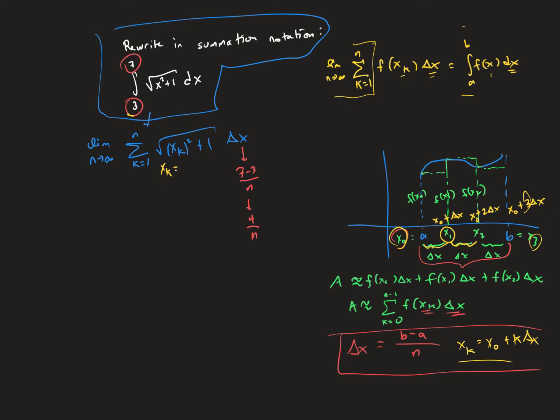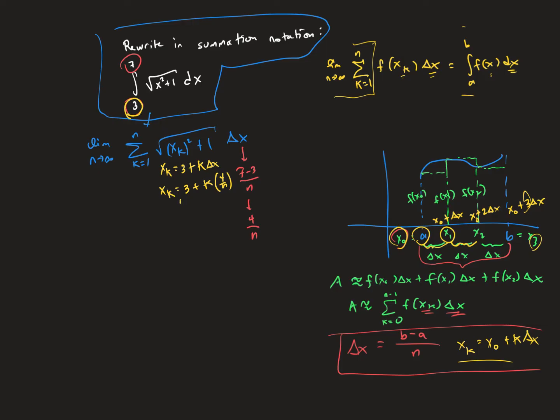And x naught is 3. It's the value I started at. Plus k times delta x. But delta x, remember, we just found in the red. It's 4 over n. So my x sub k is 3 plus k times 4 over n.